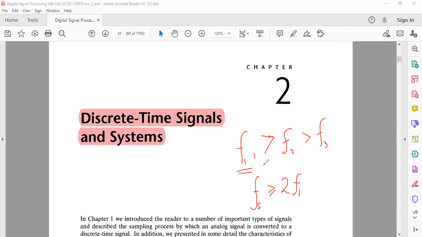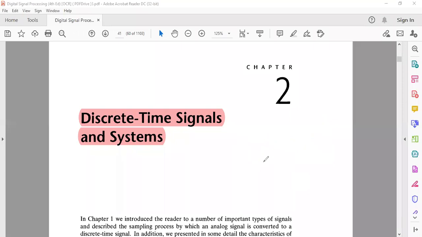And we said that this frequency F1 is called the folding frequency or the Nyquist frequency. Okay, the frequency which you consider as the highest frequency component of your signal, and then sample at twice the highest frequency.